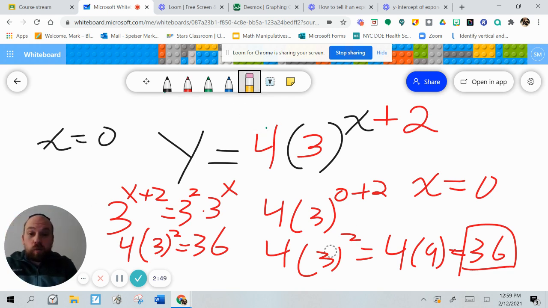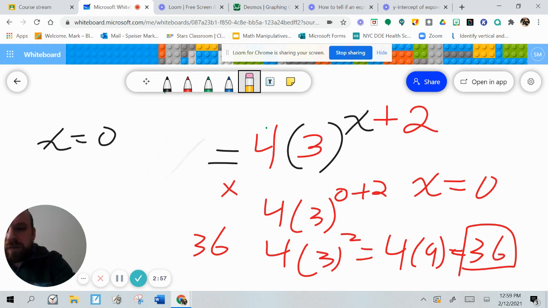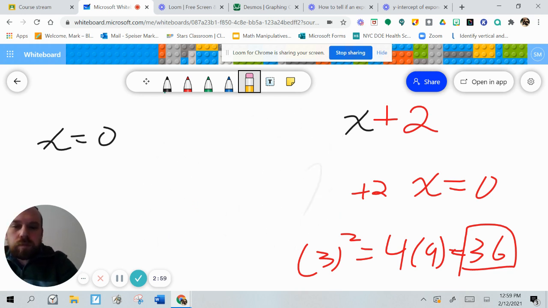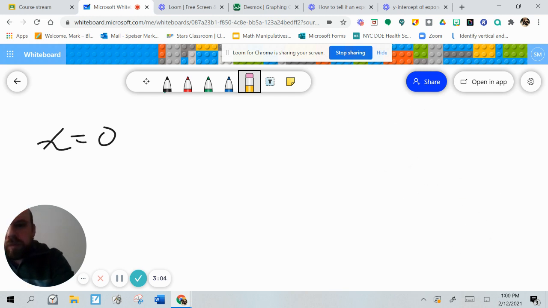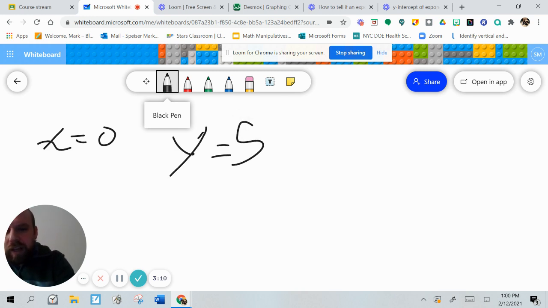Okay, let's do an example where we're shifting left to find the y-intercept, and then combine both rules. And then we'll look at the graph. So y equals 5 times 5 to the x minus 4.